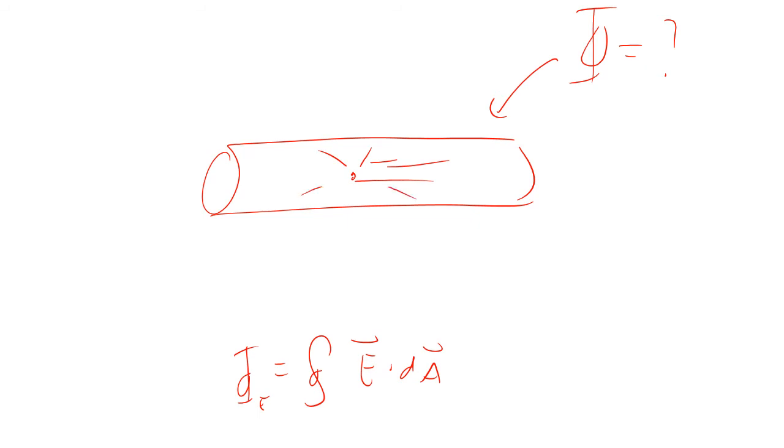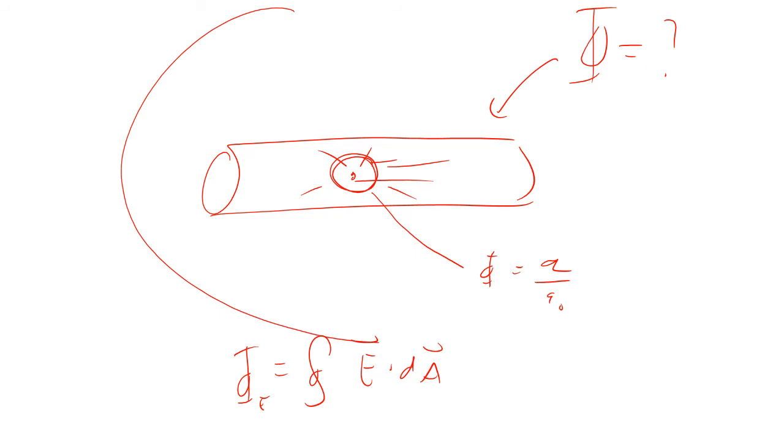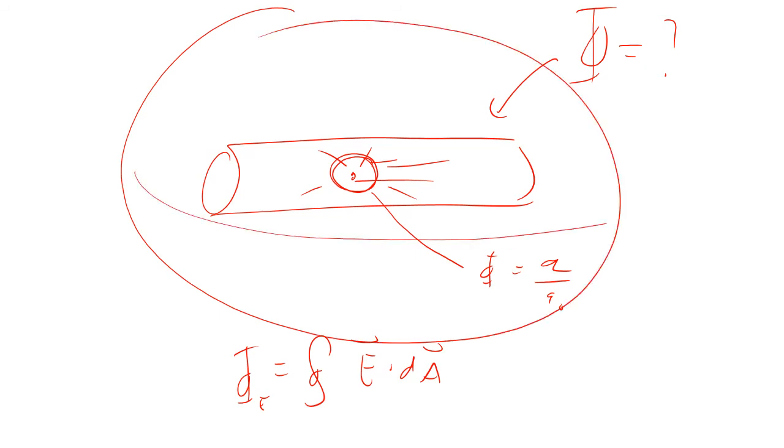But we don't have to worry about that, because I can imagine a little small sphere that fits completely inside the cylinder, and I know the flux there is Q over epsilon naught. I can always imagine a giant sphere outside of any surface, and the flux in there is Q over epsilon naught.